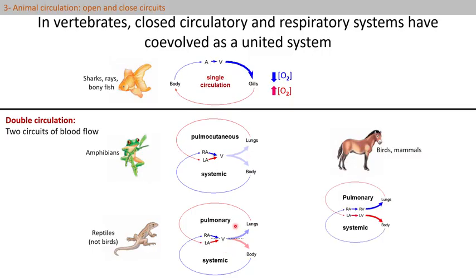The last design I want to consider is what there is in birds and mammals. And here now you have 2 ventricles, so 2 atria and 2 ventricles. And that means that you can put pressure independently to the pulmonary and to the systemic circuits. And this double circulation also means that there will be 2 passages through the heart for each cycle, right?